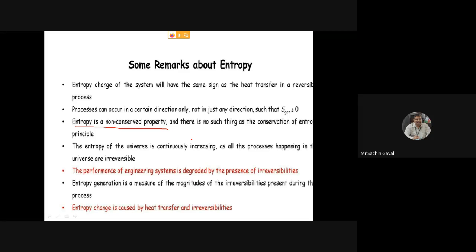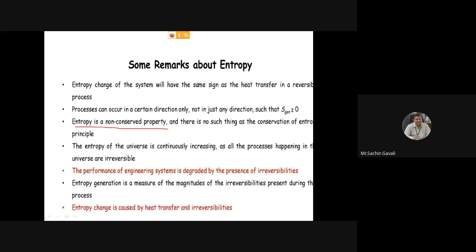There is an increase in entropy, but entropy is not conserved like our energy. Therefore, there is no such principle as conservation of entropy. Conservation of energy principle is there, but a conservation of entropy principle is not there.